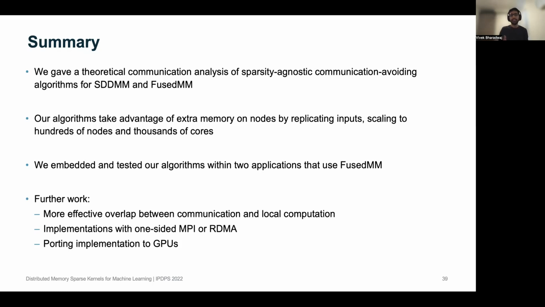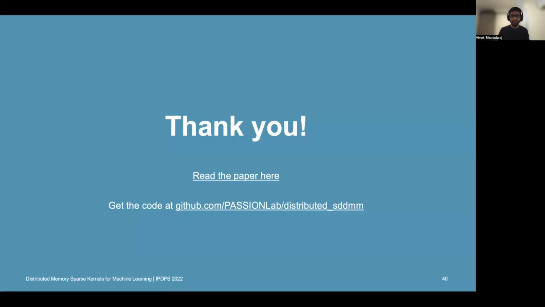And finally, we tested our algorithms within 2 applications that make use of FusedMM. Now, future work would involve more effective communication computation overlap, as well as implementations with something like one-sided MPI or remote direct memory access, as well as porting our implementation to GPUs, which have higher computational throughput. Thank you very much, and take a look at our paper if you're interested in more.